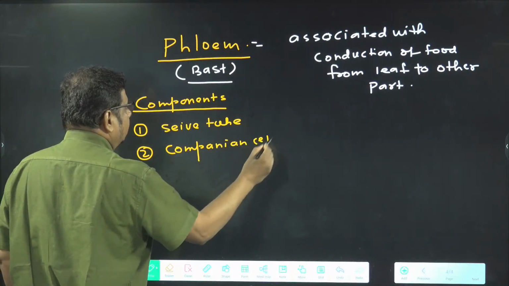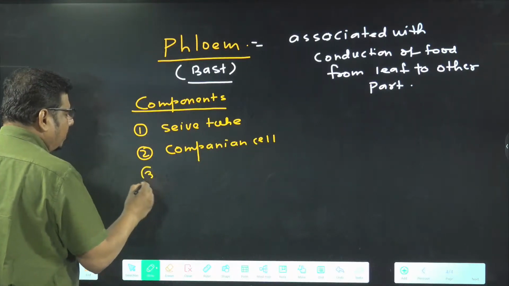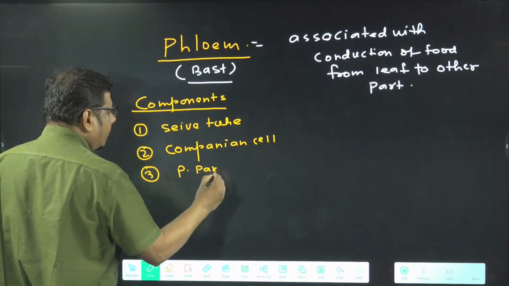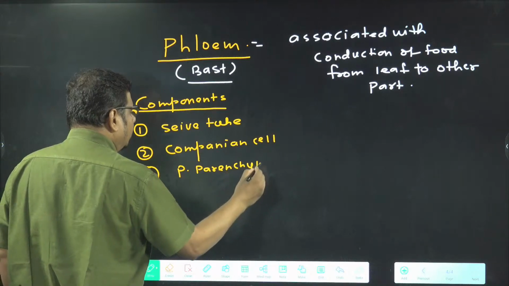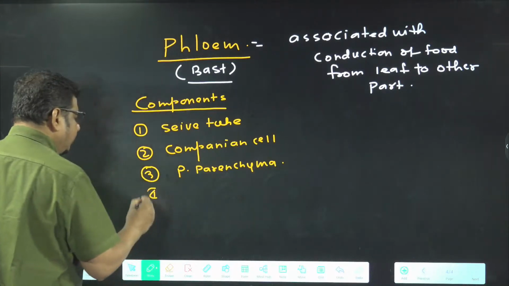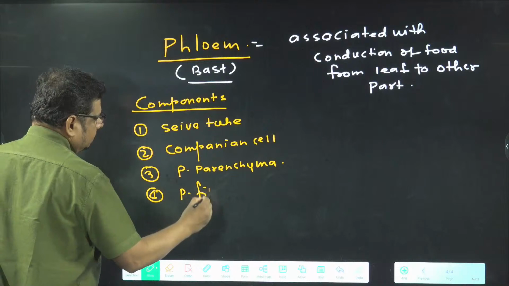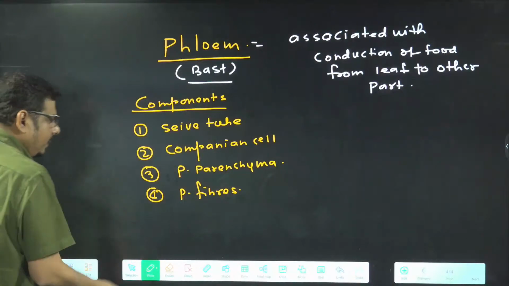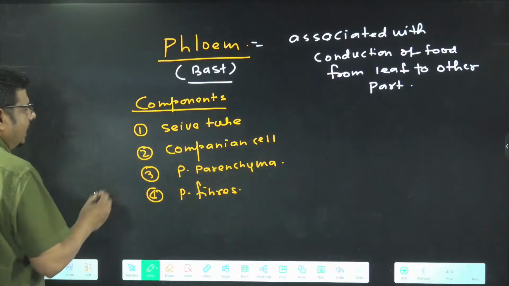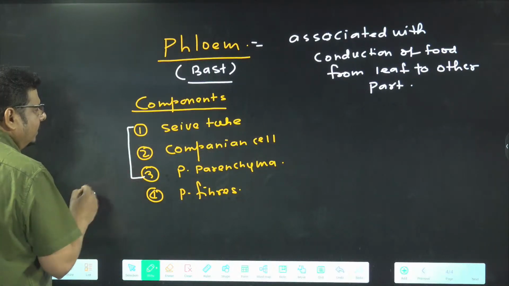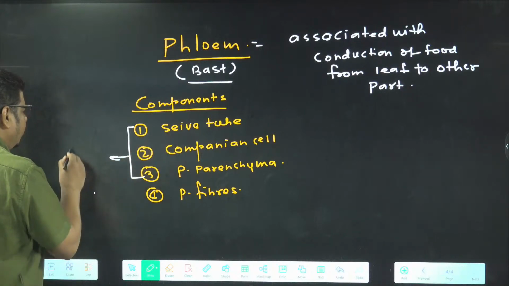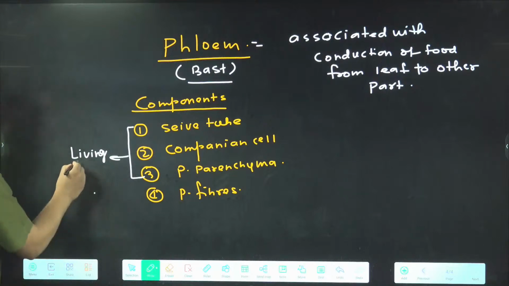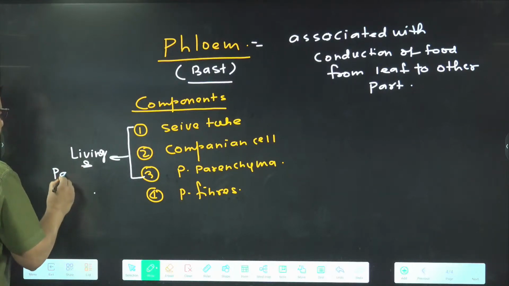Third is phloem parenchyma. And the last component is phloem fibers. So in phloem, just opposite to xylem, these three components are living, and I am writing one more thing, parenchymatous.